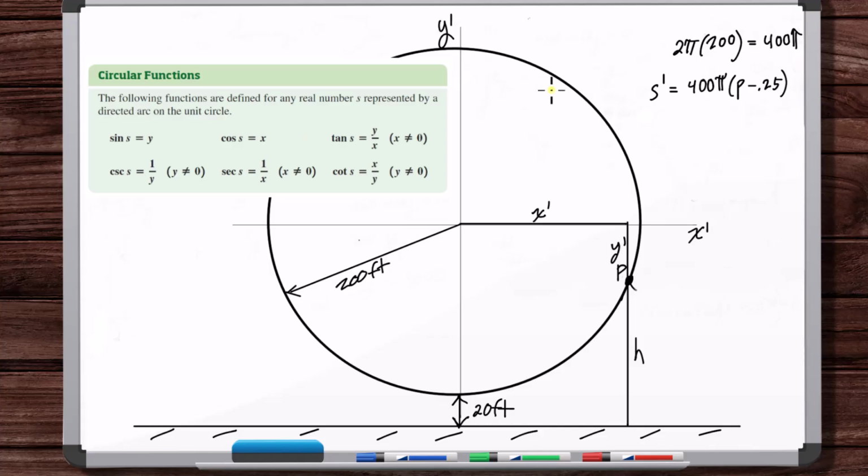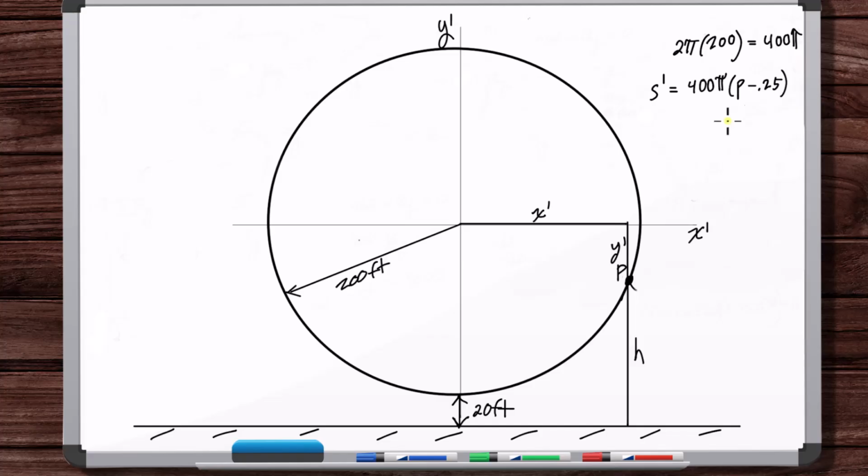So if you think about it, this s prime here is per 200 feet of radius. If we take s prime and divide it by 200, what you get is something that's per 1 foot of radius. It's that arc length on a circle per 1 foot of radius.